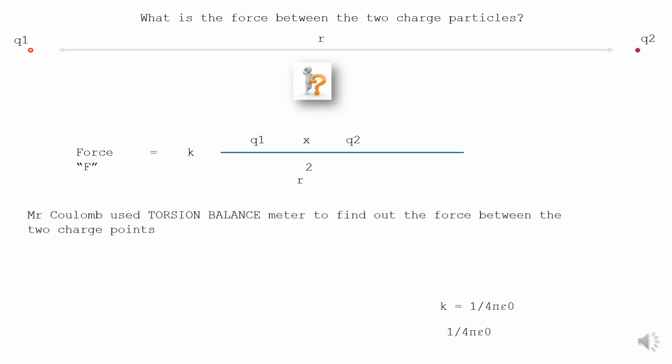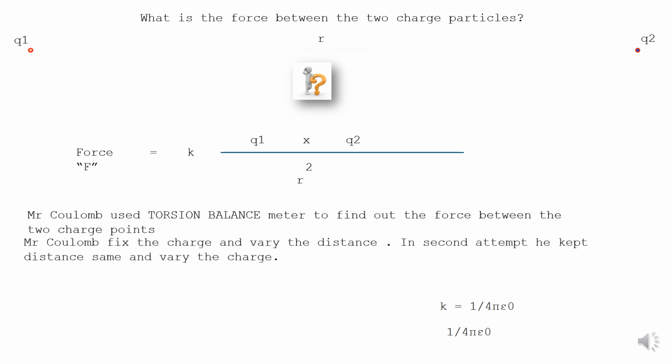And the scientist Coulomb used the torsion balance to verify his formula. Mr. Coulomb used the torsional balance to verify the above calculation and find the force between the two point charges. And how did Mr. Coulomb confirm that his formula is correct?